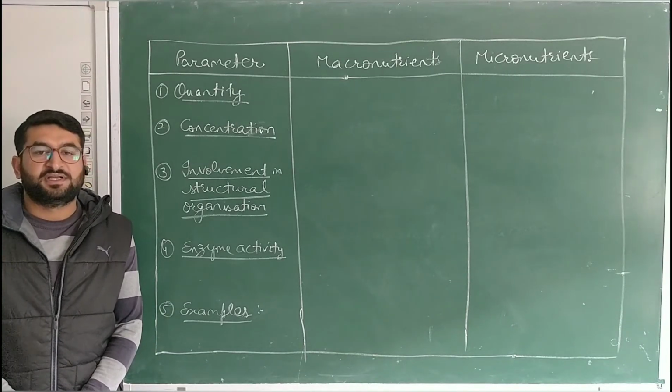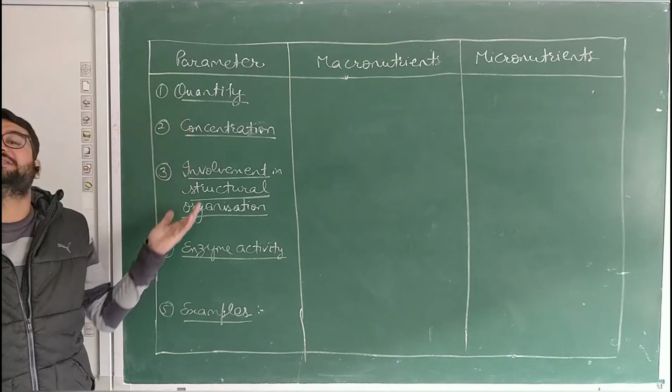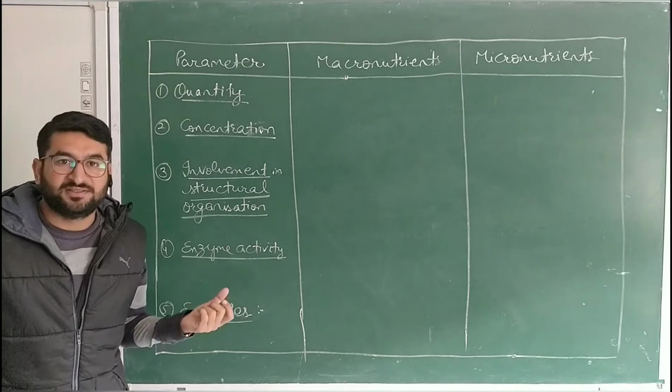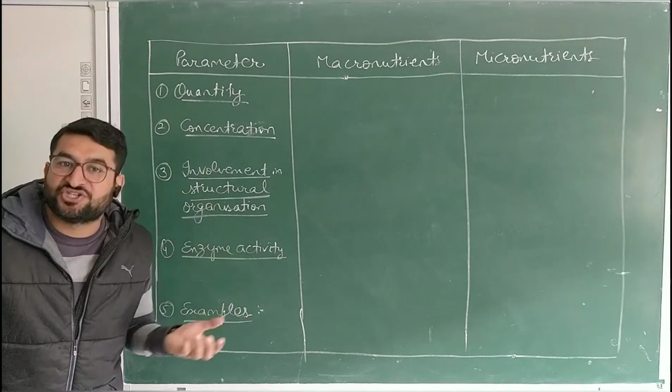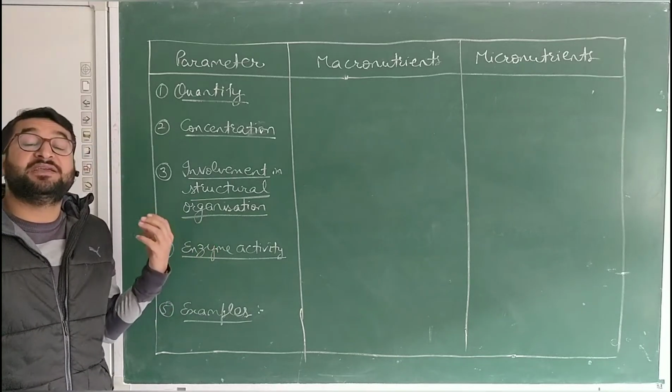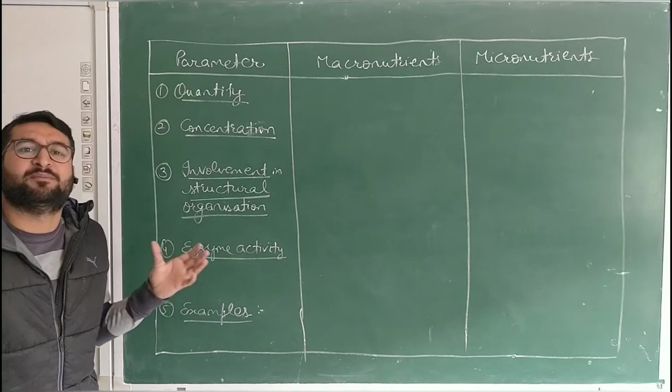Now we will discuss the difference between the macro and micronutrients on various parameters like quantity, concentration, involvement in structural organization, involvement in various enzyme activities, and the fifth one is example.